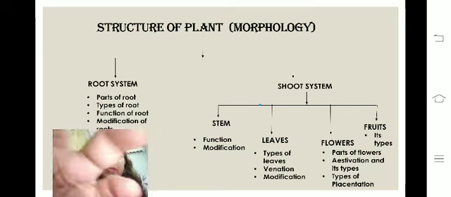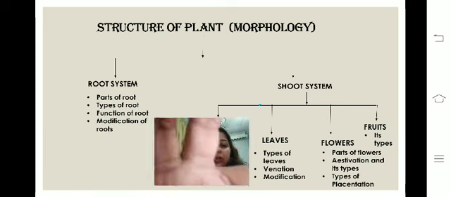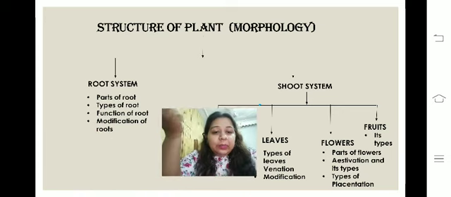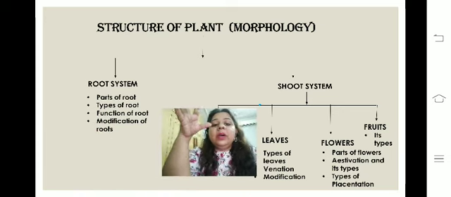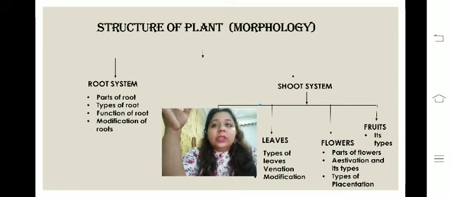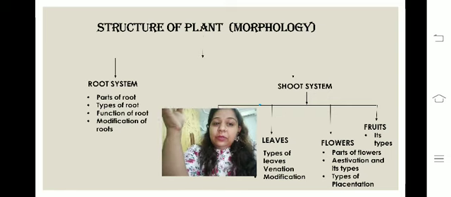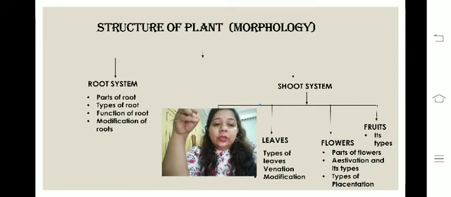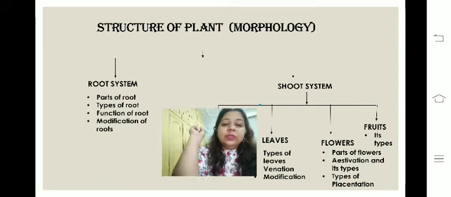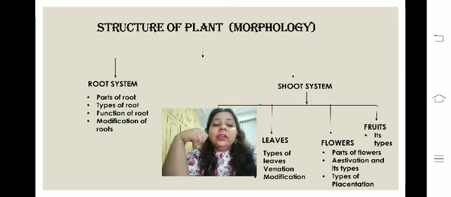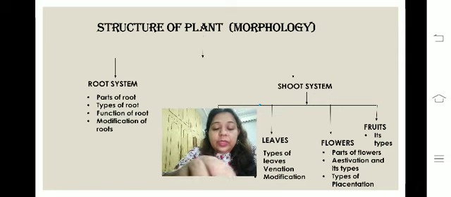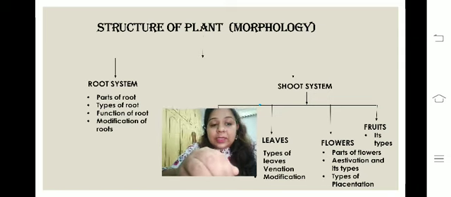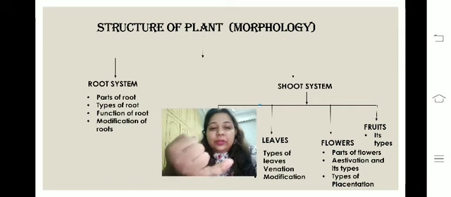In the root system, we are going to study first the parts of the roots. There are many different parts of the roots that we have not discussed in previous videos. We have just said that roots are divided into primary roots and secondary roots and their branches, but here we are going to discuss in detail the parts of the roots.